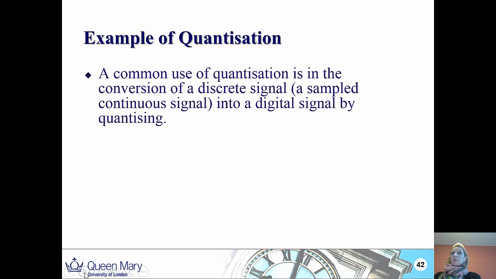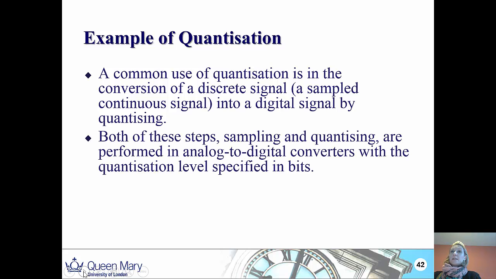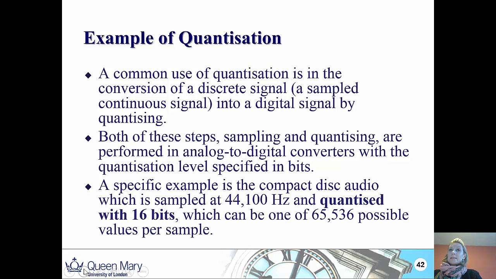So a common use of this approach is in the conversion of a discrete signal, so a sampled continuous signal, into a digital signal. Okay, so we want to make that conversion from our continuous signal into our discrete signal. Both of these steps, sampling and quantizing, are performed in analog to digital converters, with the number of levels representing the continuous signal specified in bits.